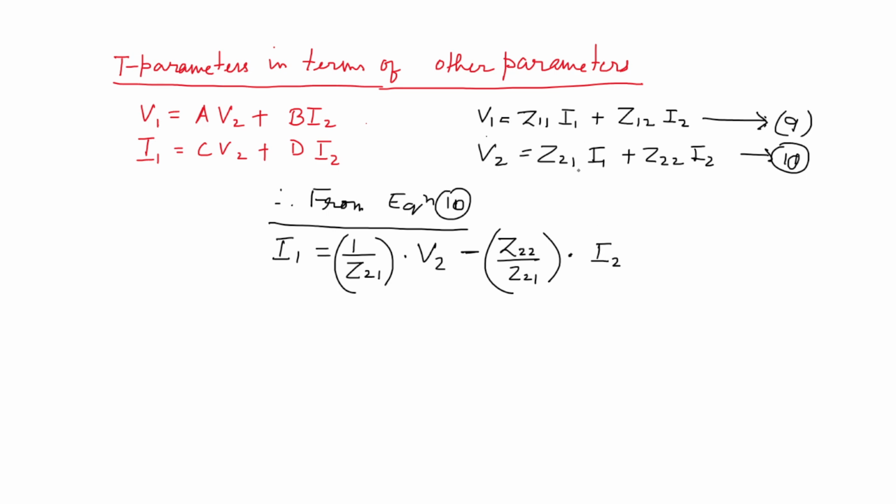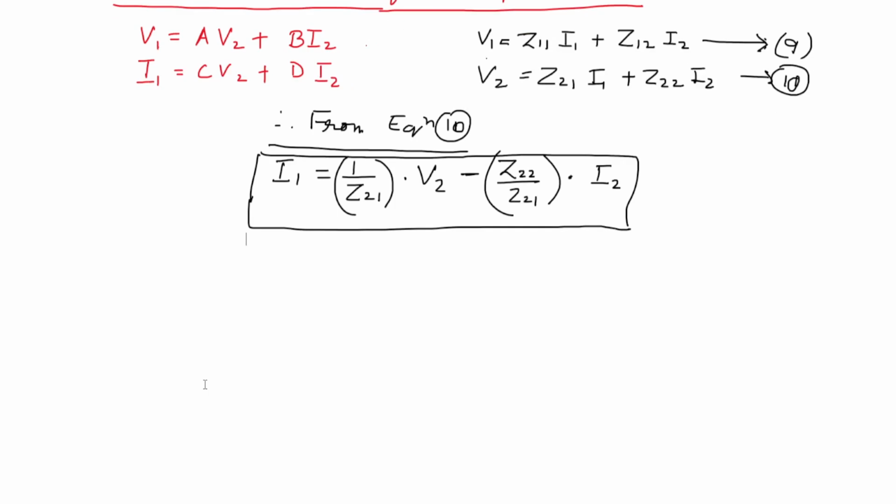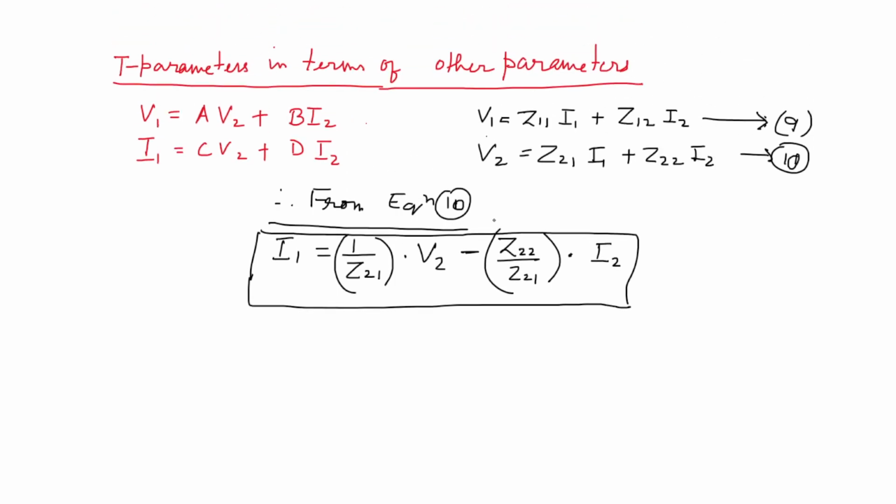So I1 is equal to V2 by Z21, that is perfect, and with a minus sign Z22 by Z21 into I2. So this is the first equation or helping equation to understand the first conversion. Okay. So if you compare, it must be C, and it must be D.